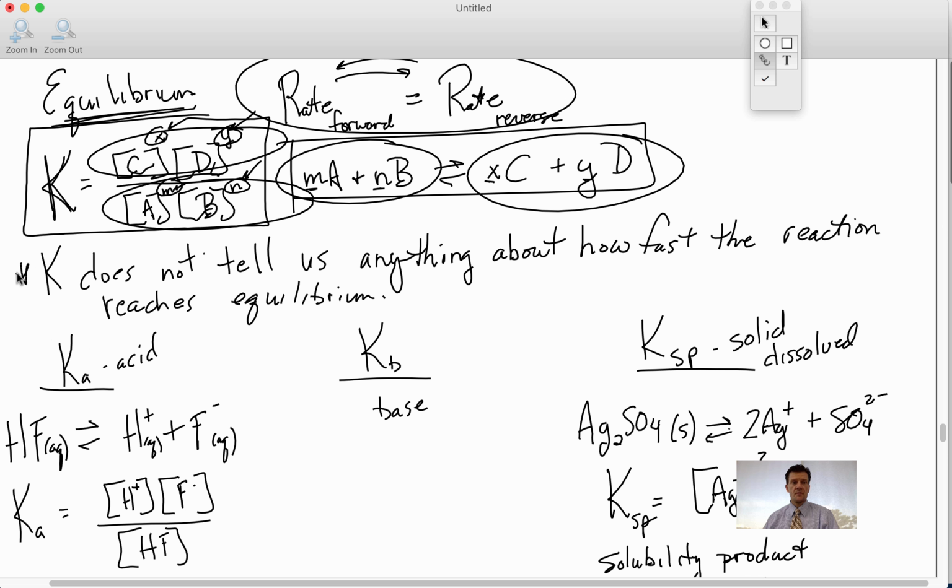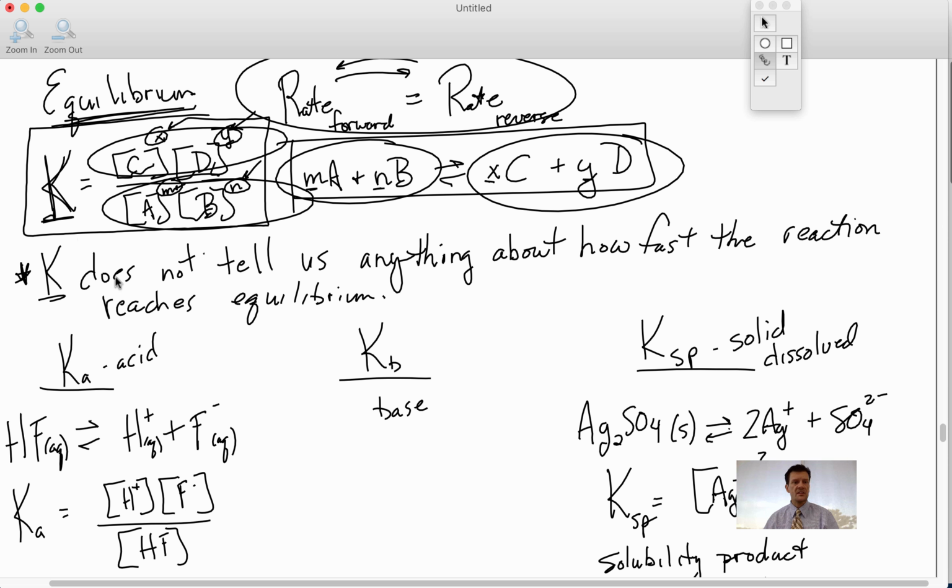Also, you should make note, you need to commit this to your memory, that this K value does give us information about the relative concentrations of products and reactants at equilibrium. It doesn't tell us anything about how fast the reaction took to get to equilibrium.